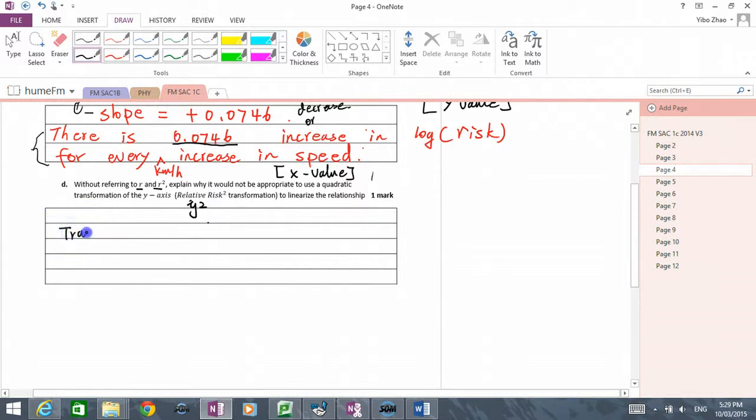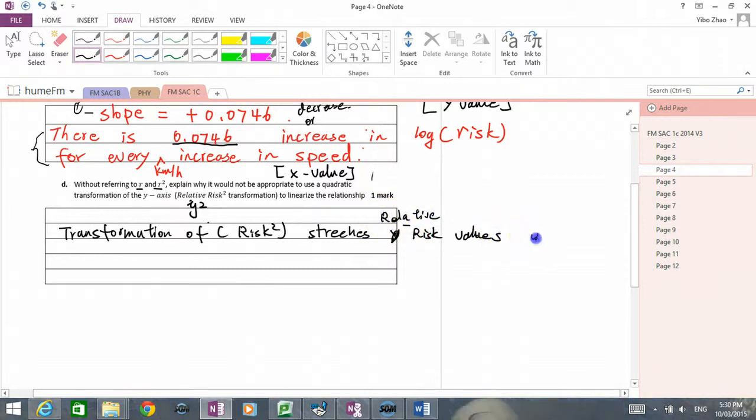The transformation of risk square stretches the y values, the relative risk values, up.